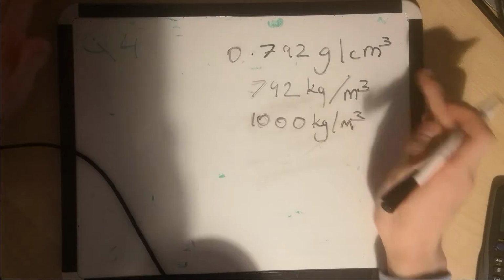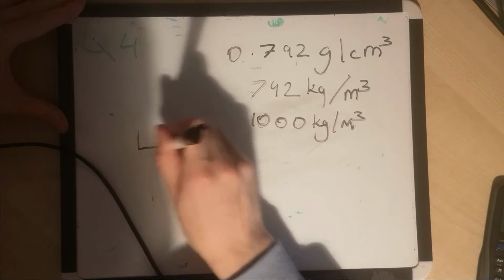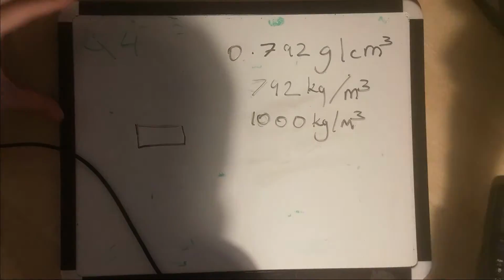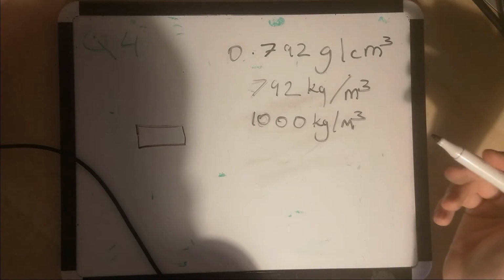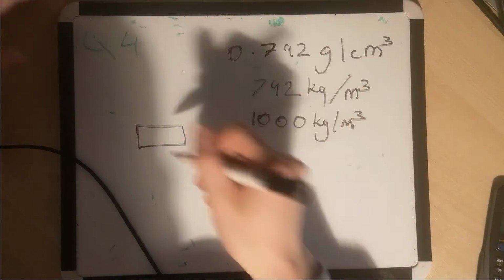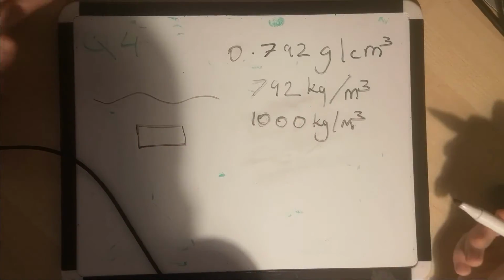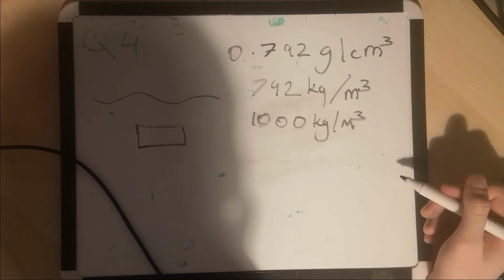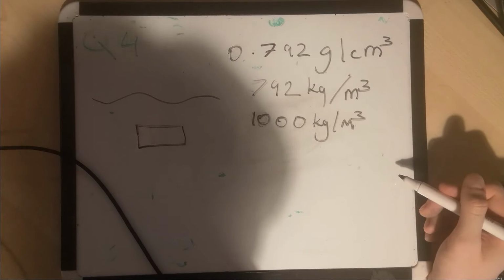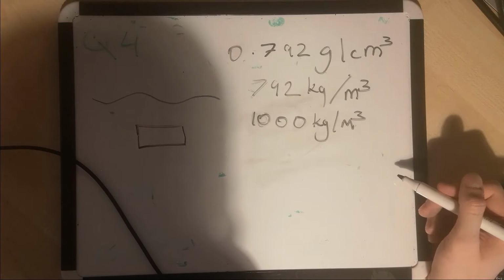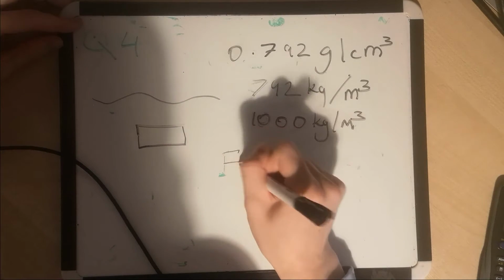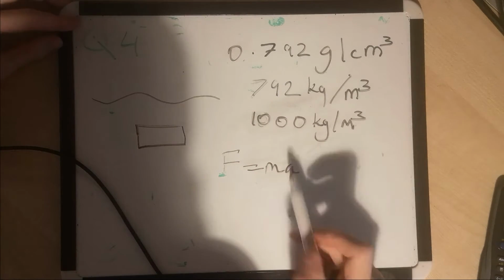You need the liquid and the mass of the object in the liquid. Just drawing a simple free body diagram, you can draw the forces out. This thing is submerged, and let's find the acceleration. To find the acceleration, we need to know the mass of the object and the forces, because F equals ma.